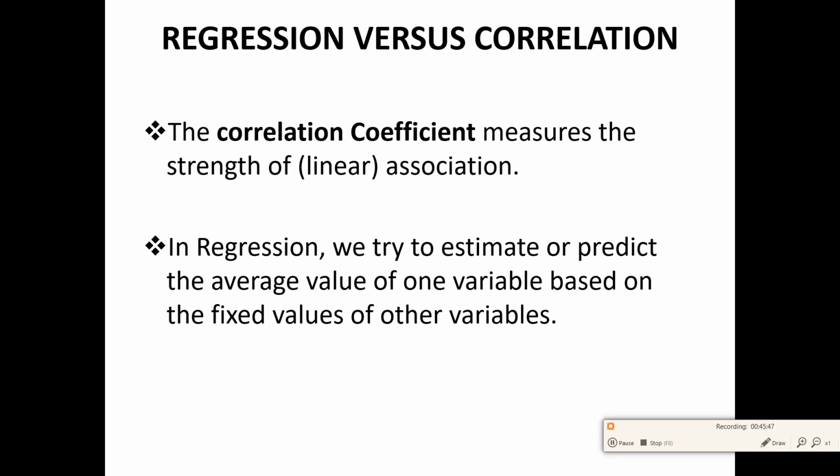Next we talk about the difference between regression and correlation. The correlation coefficient only measures the strength of relationship, whereas regression will not only measure the strength, it will also give me an equation that relates the two variables, right? In regression we try to estimate or predict the average value of one variable based on the fixed values of the other variables.